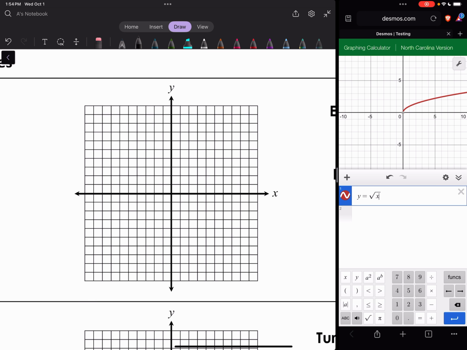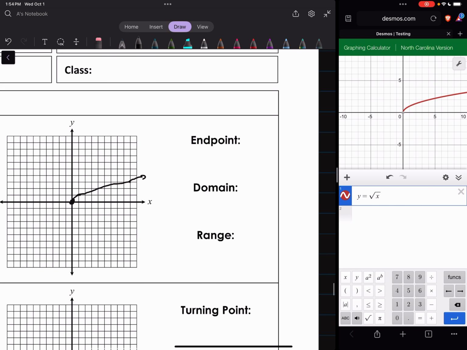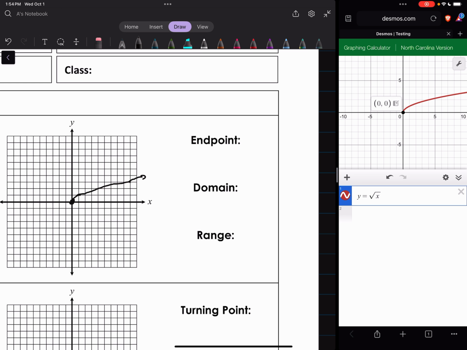The key thing to note on this, I have a coordinate at my origin, and now I'm following the path such as what a quadratic would have. There's my graph. My endpoint is 0, 0.